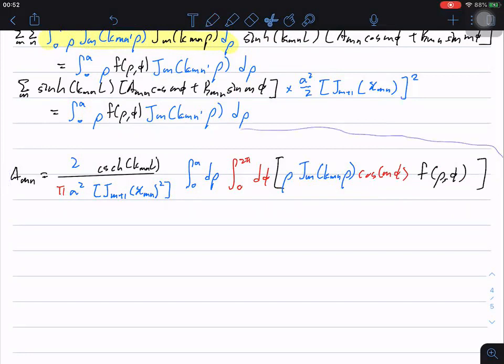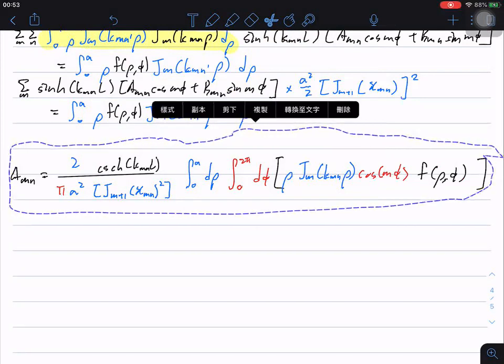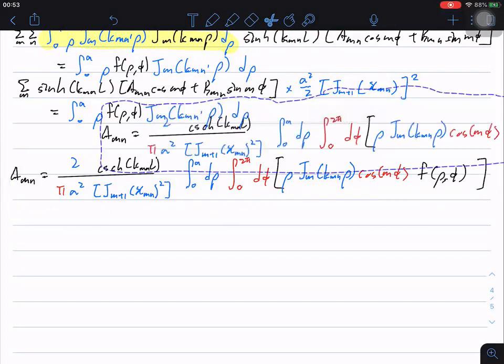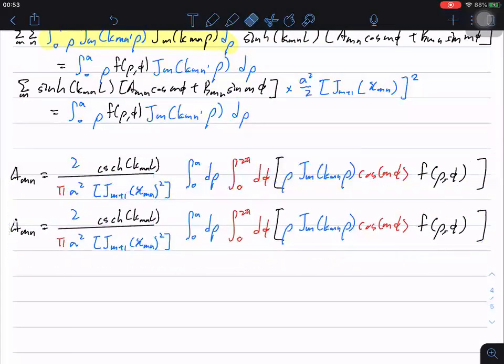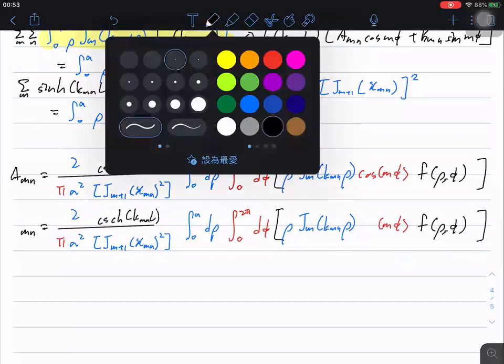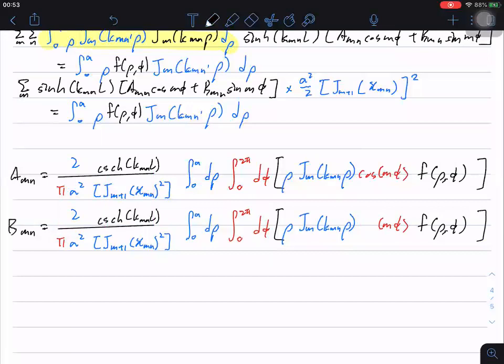Similarly, for B, you just have to replace cosine with sine.